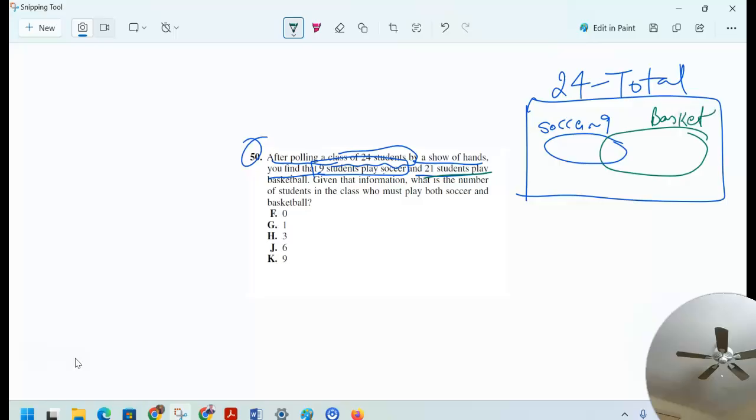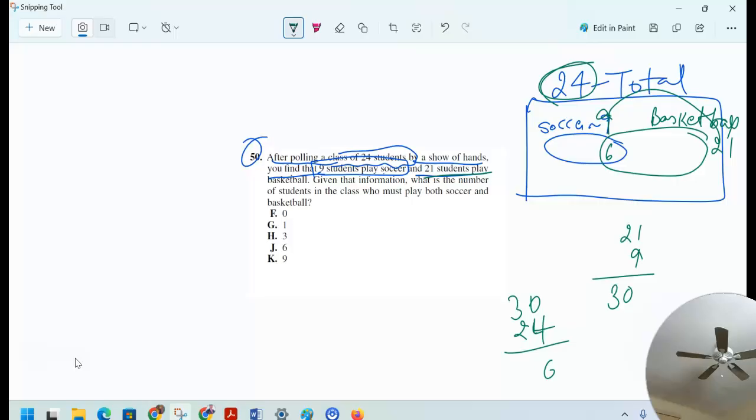So some of them play both basketball also. Now these students are 21. If you add 21 plus 9, it becomes 30. But actually the students are only 24. That means from 30 you'll have to take away students who play both. And if you do this, you get 6. So there are 6 students like this.